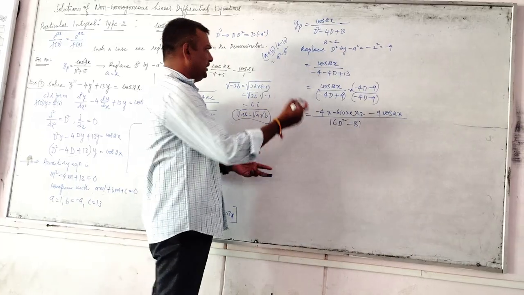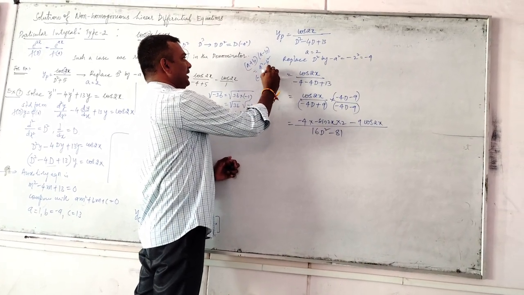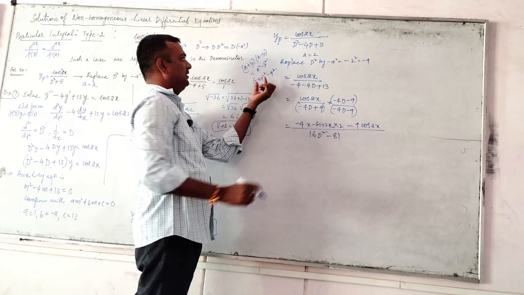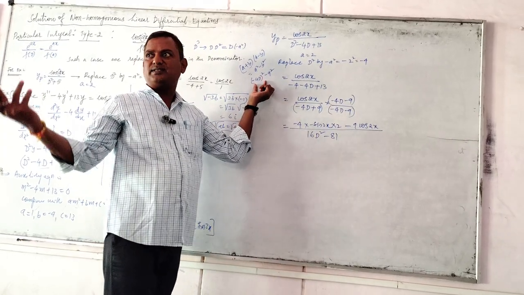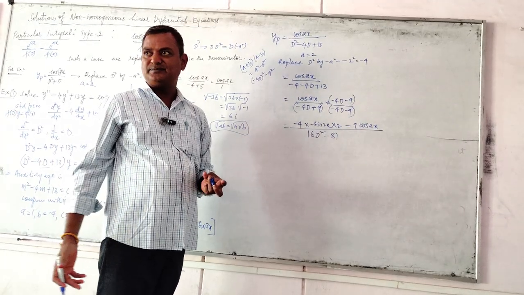If you don't know, you can write minus 4d whole square minus 9 square. Minus 4d whole square is 16d square, minus 9 square is 81.